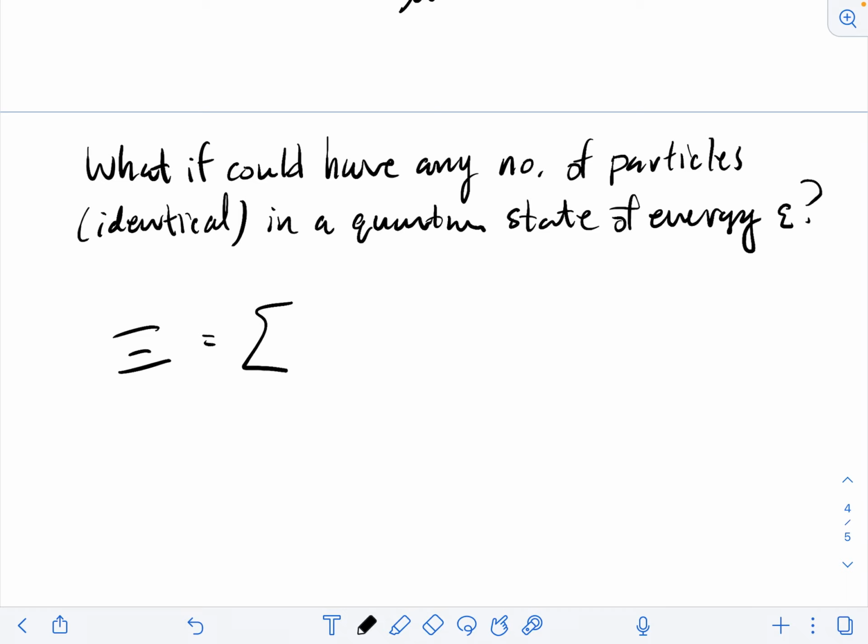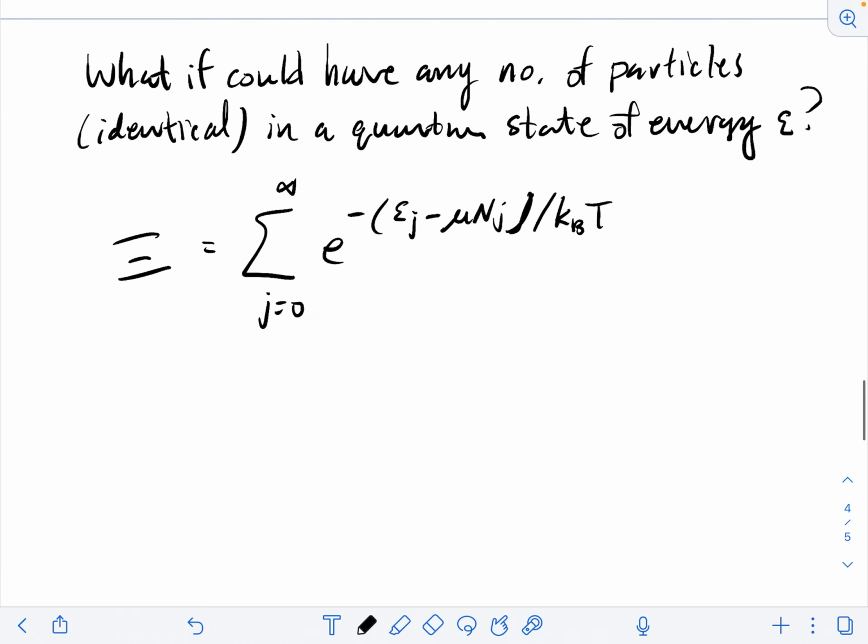Okay, so the way that we calculate the grand partition function is the same. We have to sum over all of the possible states, and the sum is e to the minus epsilon_j minus mu n_j over kBT.